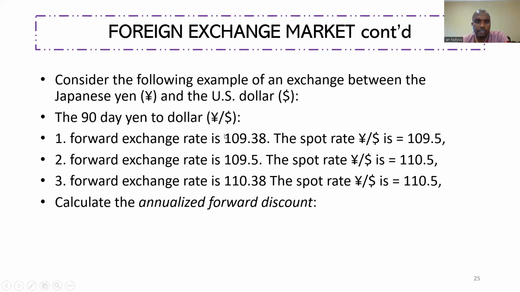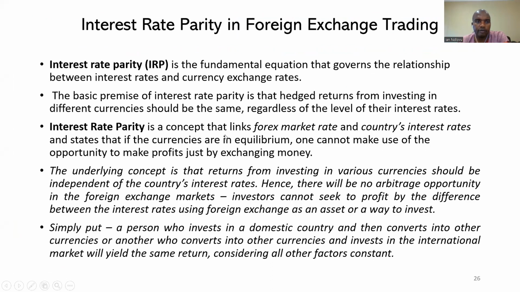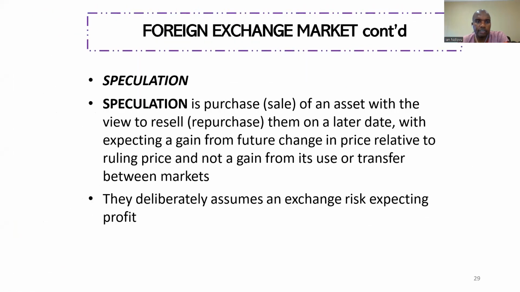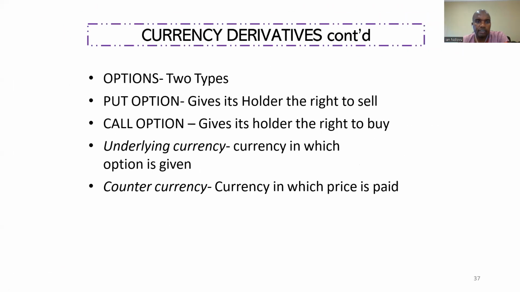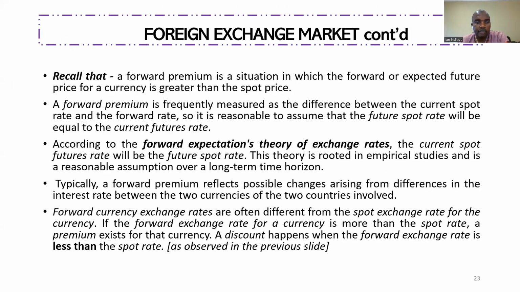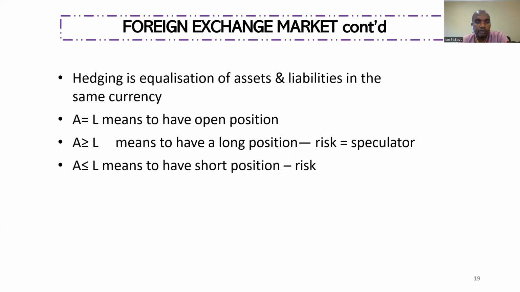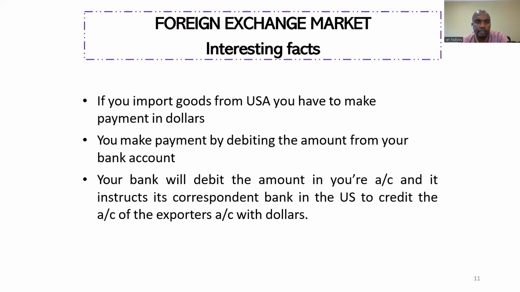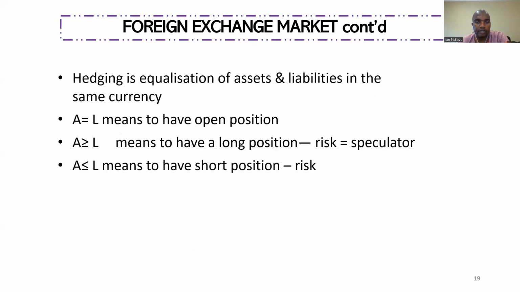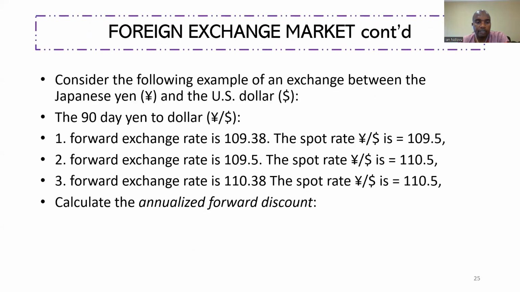So I'll start from slide number 25 going forward. We looked at interest rate parity and so on until we finish this lecture. For the time being, I've covered enough content. In the next video, I'm going to resume from slide number 25, where I will be demonstrating how you calculate the annualized forward discount for each of these scenarios.